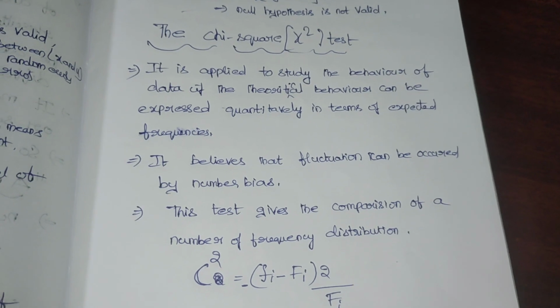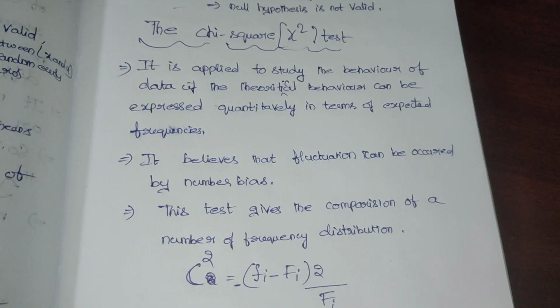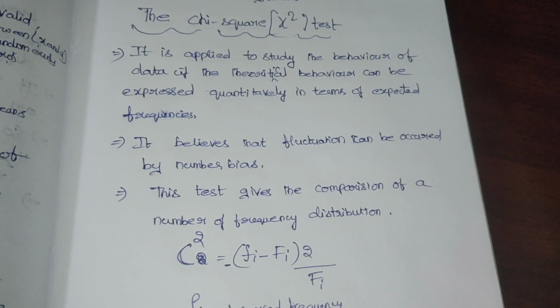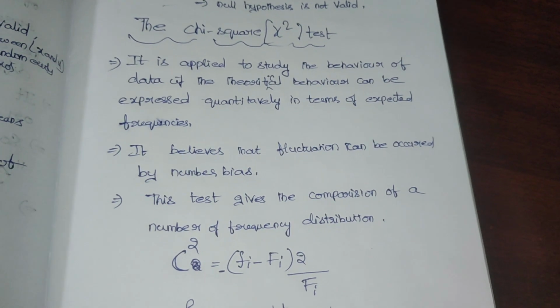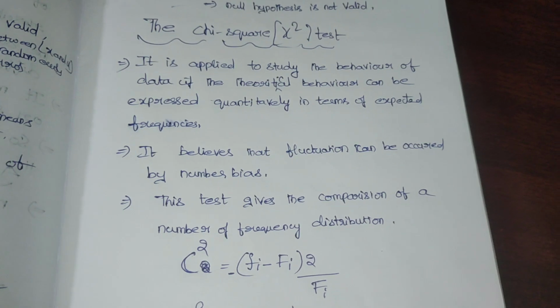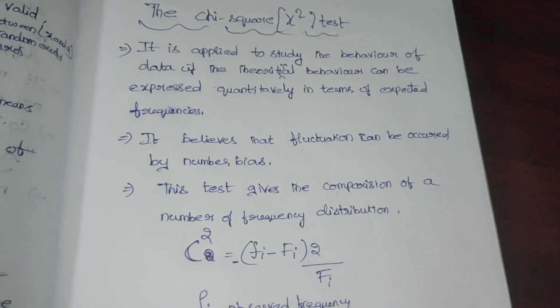In this test, it is believed that these fluctuations or deviations are happening because of number bias. If some people are observing, they may get some numerical value, others may get another numerical value. So there will be differences in the noting of the numbers.